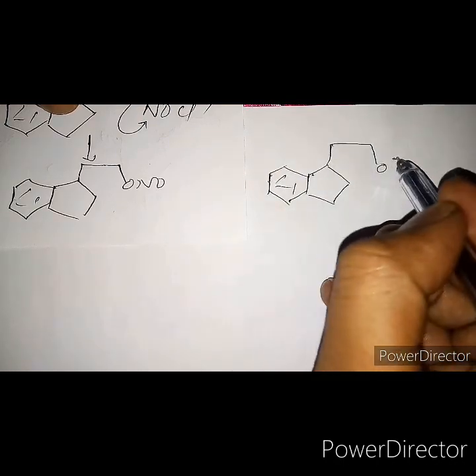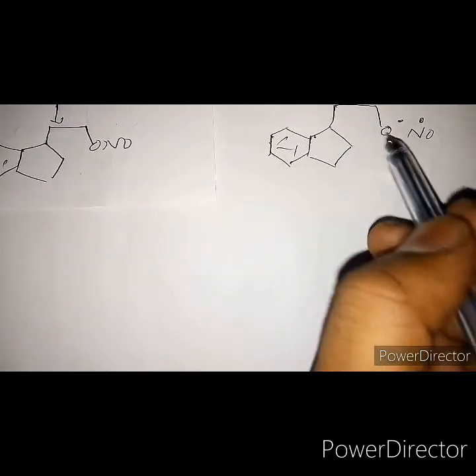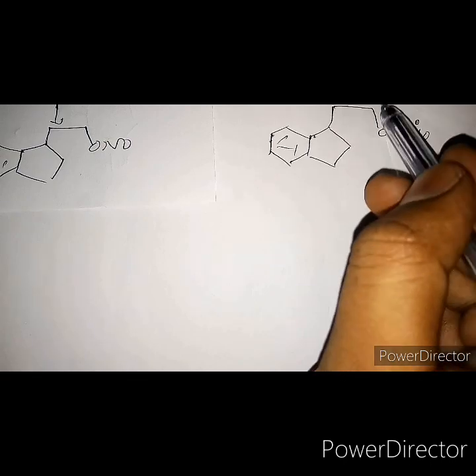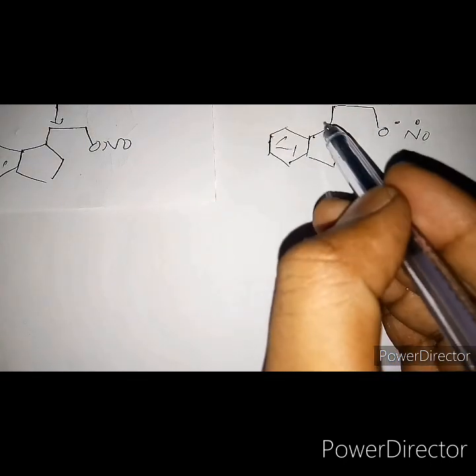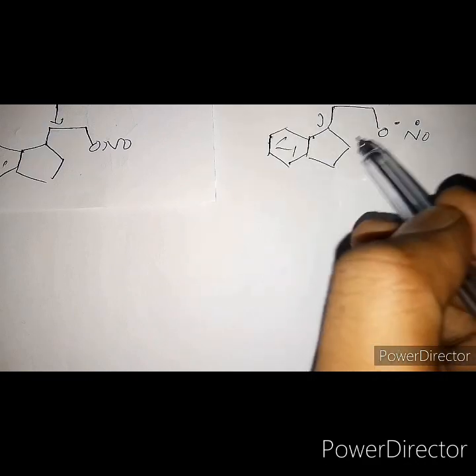After getting this product, we go for the photochemical reaction, so we will get an O radical and an NO radical, a breakage. Now this oxygen radical will find the delta hydrogen. This oxygen and the delta hydrogen should be in the same plane.